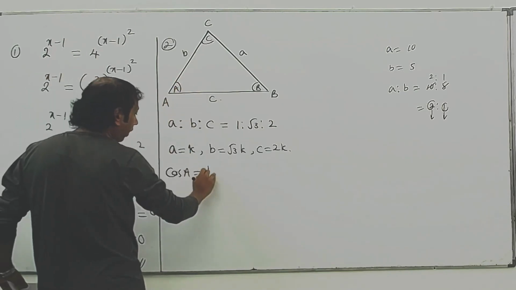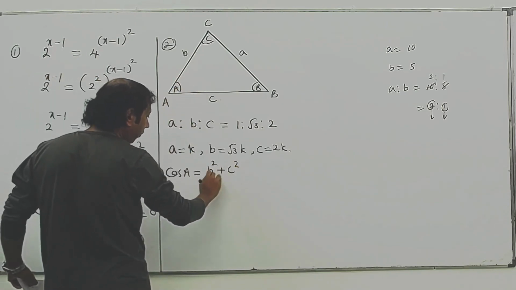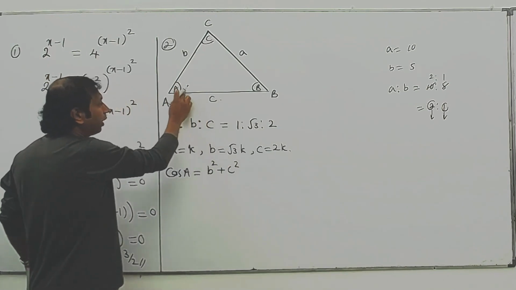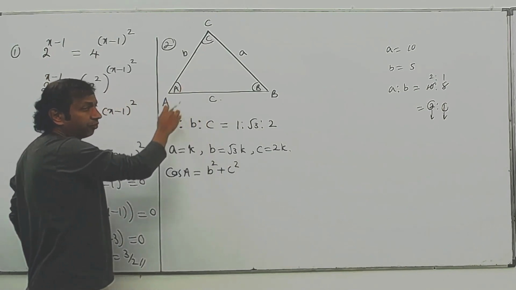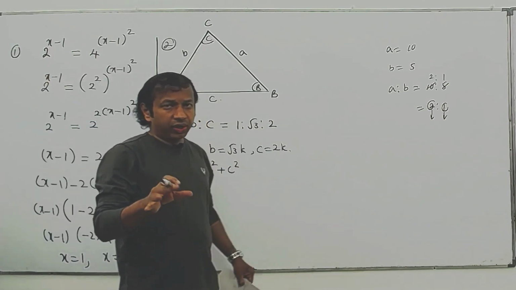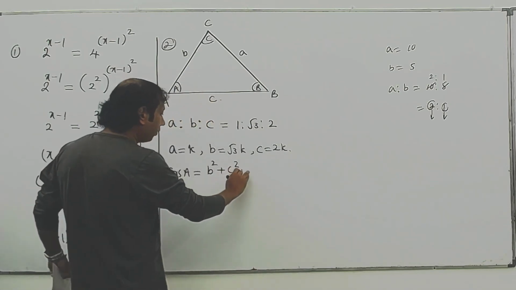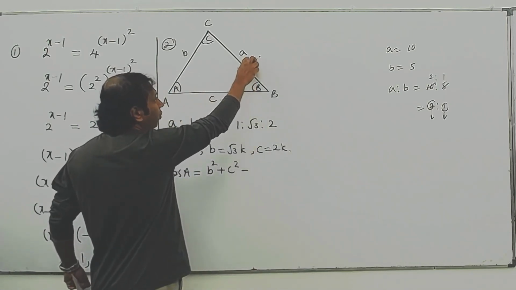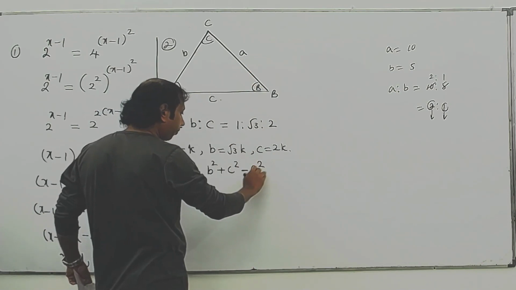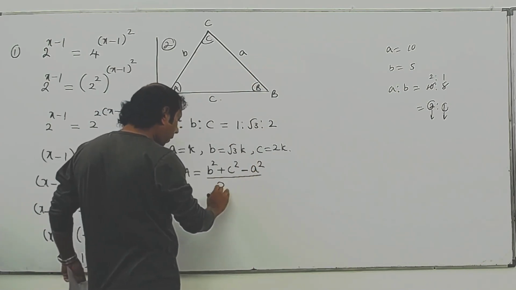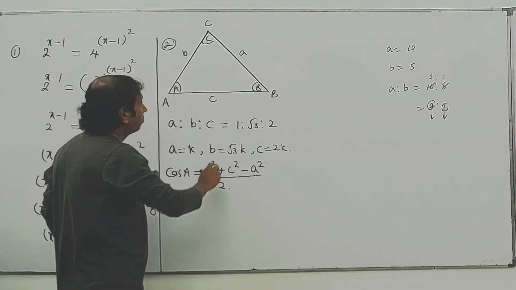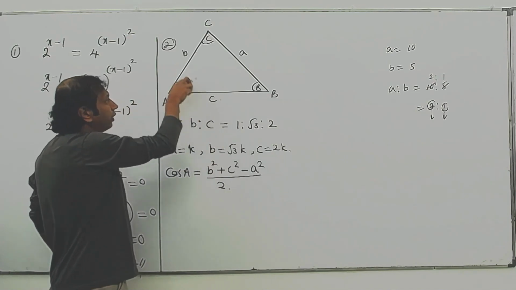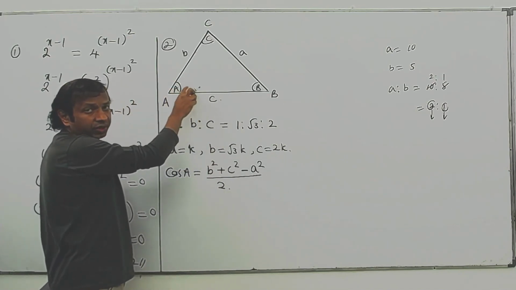We have to square and add these, subtract the square of the opposite side, and divide by 2 times the product of the two adjacent sides of the angle A, 2bc.